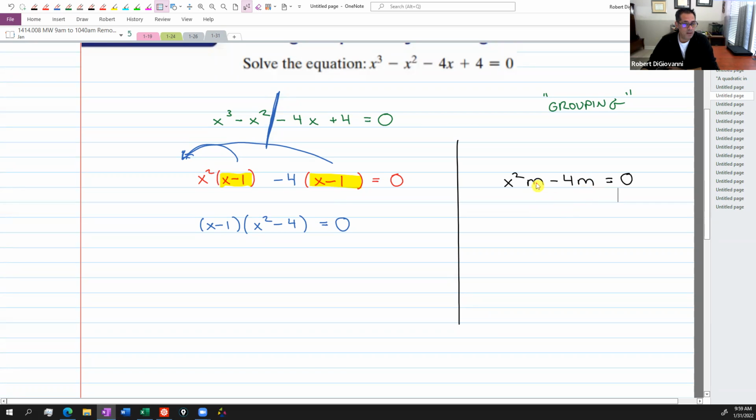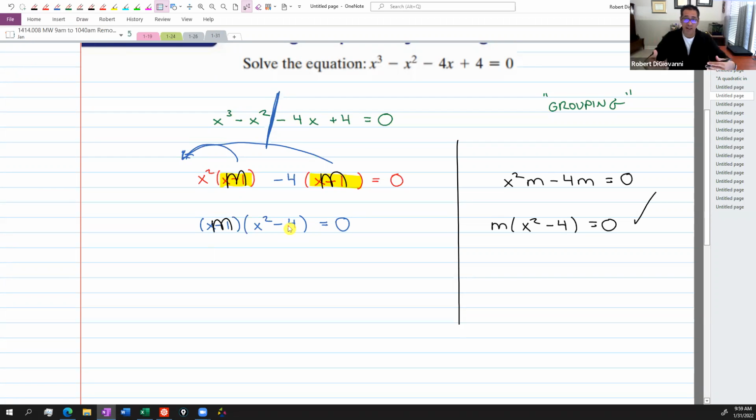They both have m. So I pull the m out, and I'm left with x squared minus 4. Most students are good with that. That's exactly what we just did here. This is like the m and this is like the m. So we pulled the m out, and that left us with the x squared minus 4.